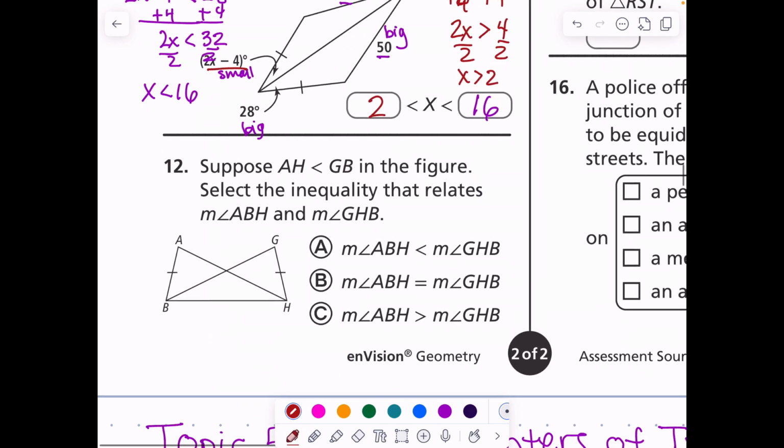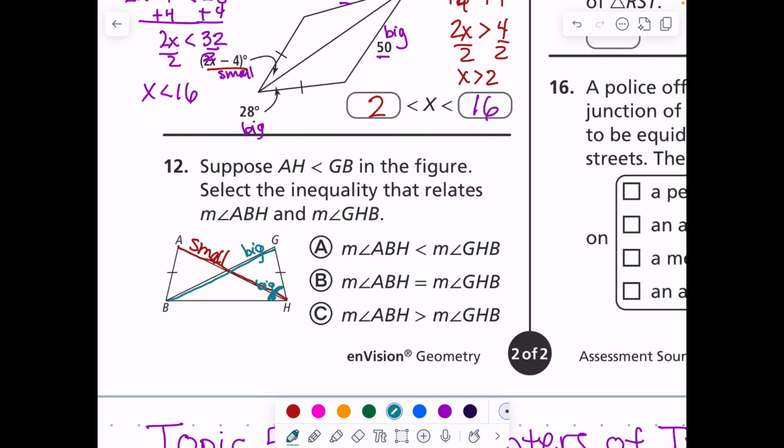Then on this one, it tells us that AH is the small one, and then it tells us that GB is the big one. So that means that this angle is big, right?